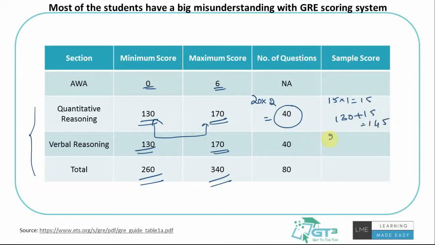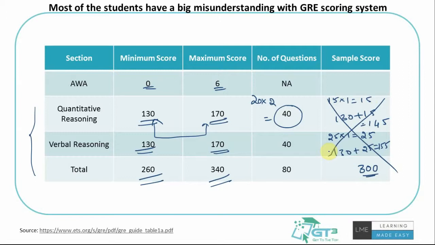And let's assume I got 25 correct in my verbal, and so that should be giving me 25 points. So I should be getting 130 plus 25, I should be getting 155 in my verbal. The 145 plus 155 will turn out to be 300, and this should be my score in the exam, which is absolutely wrong. This is not how the GRE scores a candidate.